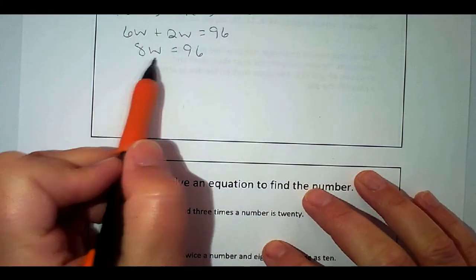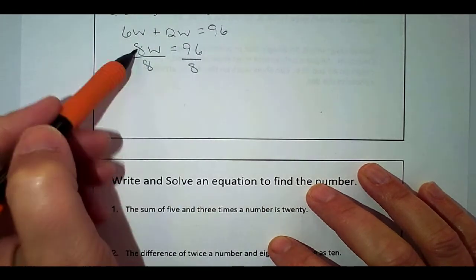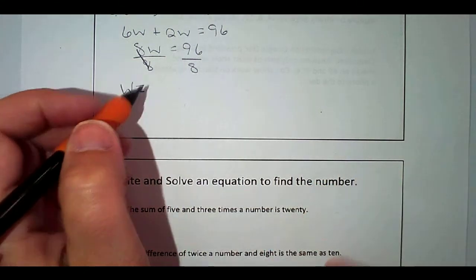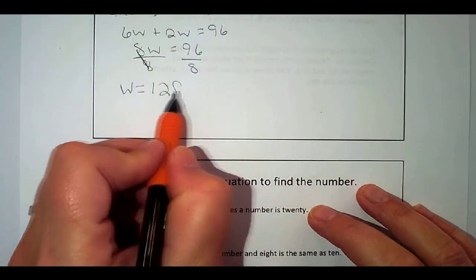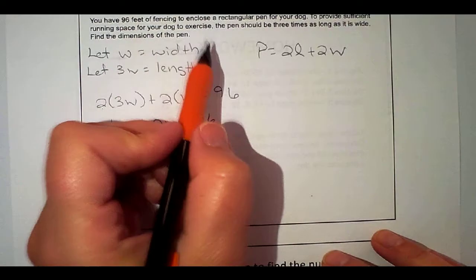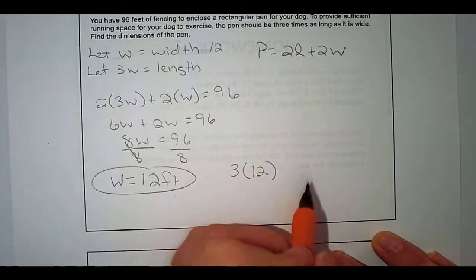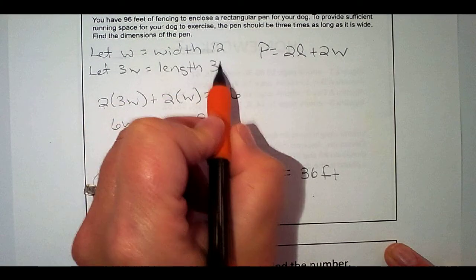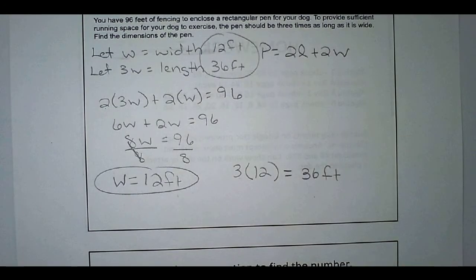I need W all by itself, so I'm going to divide by 8. And 96 divided by 8 is 12. So my width is 12, and again I need a label of feet. So if the width is 12, 3 times the width, which is my length, is 36 feet. And I'm done with that one.